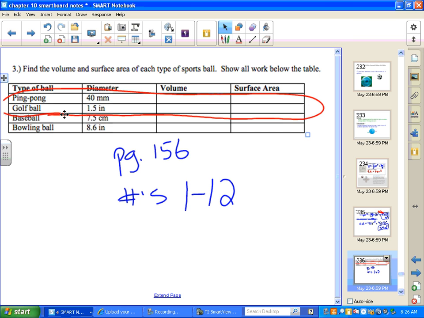Number 12 is going to make you think, but you can do it. So in your homework packet, just do me a favor, make sure 156 looks like this in yours. Mine has, of course, my answers on it, but make sure you guys all have that in there because this was an extra worksheet I added in.